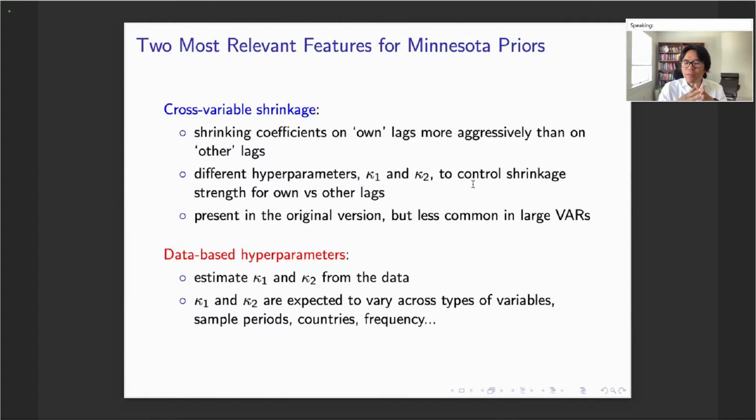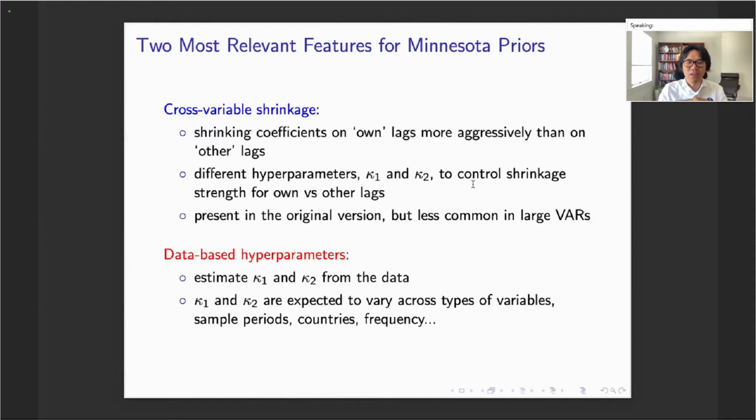When I first started in this area, I went through a lot of different versions of Minnesota priors, because there are quite a lot of them. I talked about three generations, but there are many more. I tried to figure out what the most important features of Minnesota priors are. What I found is that the first of the two most important features is cross-variable shrinkage.